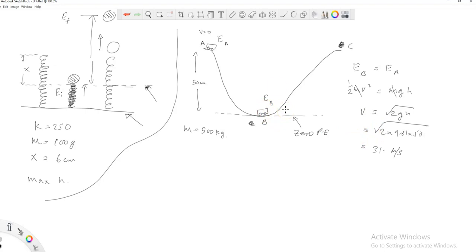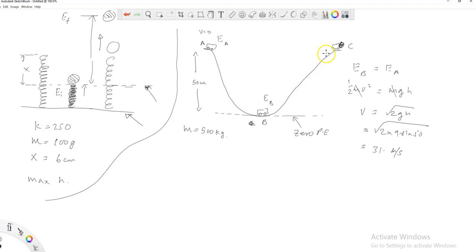Now the roller coaster continues to go up. There is no friction, so ideally it should come to the same level without a problem. It should be able to reach point C, because this kinetic energy is now going to go up. While going up, it's losing kinetic energy and gaining potential energy.